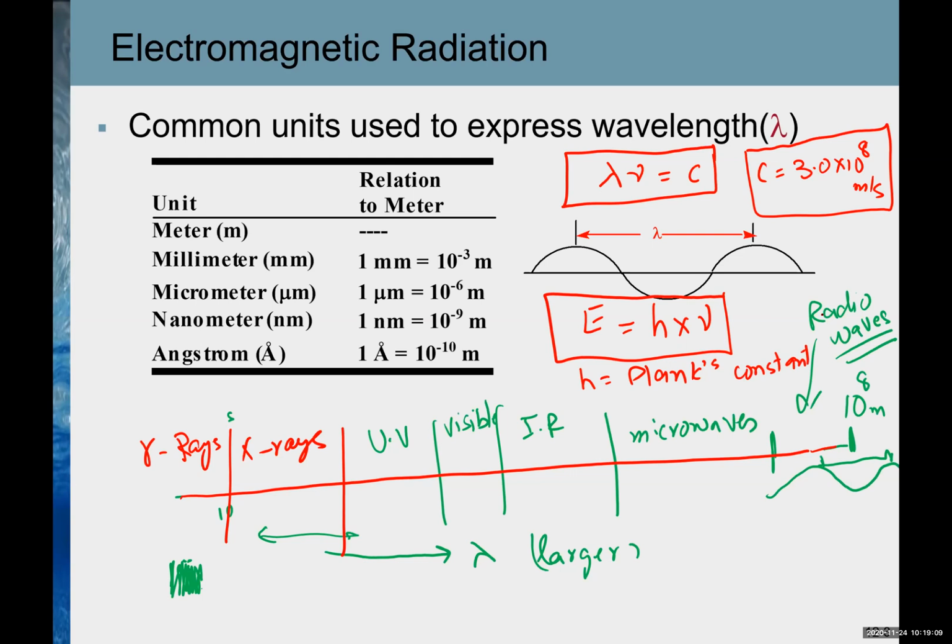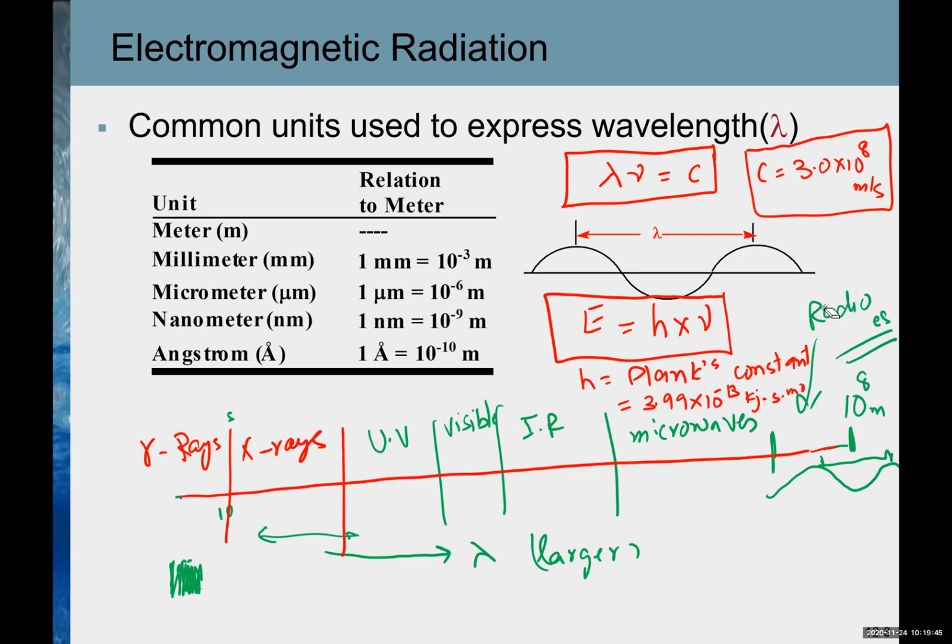Okay. So energy is directly proportional to frequency, and the value of Planck's constant is 3.99 times 10 to the negative 13 kilojoules per second, no, kilojoules second per mole.